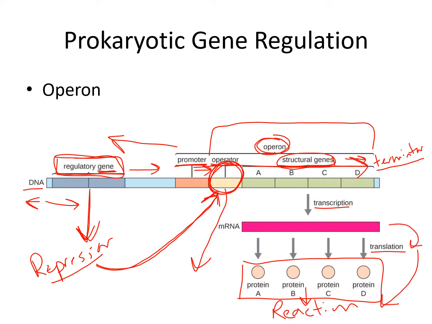So it's a very simple process. If you want gene expression, you have to remove the repressor from the operator. If you don't want gene expression, you want to put that repressor on the operator to stop transcription.